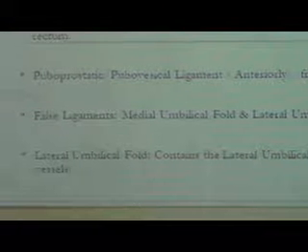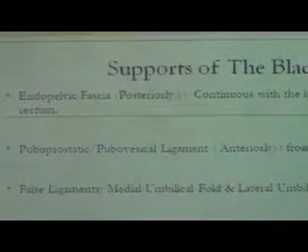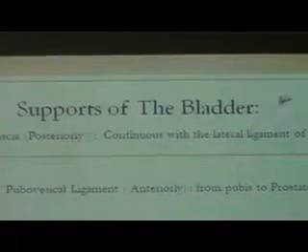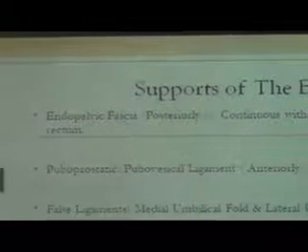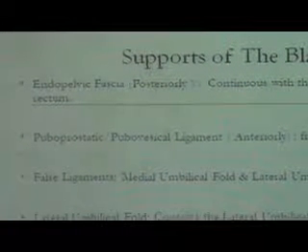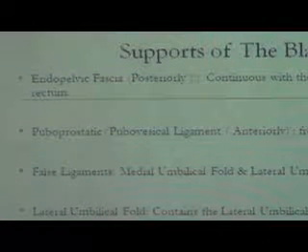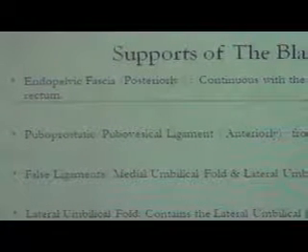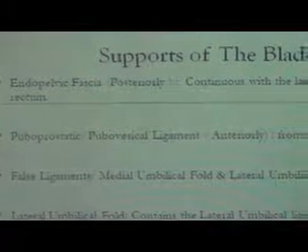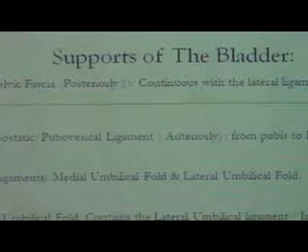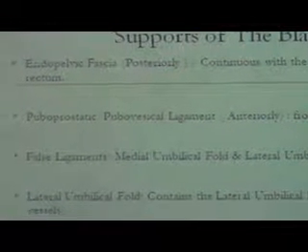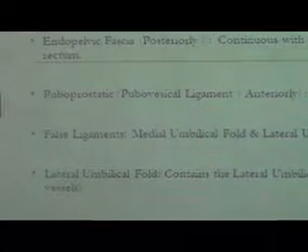So now come to the support of the urinary bladder. Posteriorly, this is the endopelvic fascia, which is continuous with the lateral ligament of the rectum, and anteriorly, in case of male, there is a ligament which connects from the pubis to the prostate, the puboprostatic ligament, and in case of female, that ligament connects from the pubis to the urinary bladder, called the pubovesical ligament.